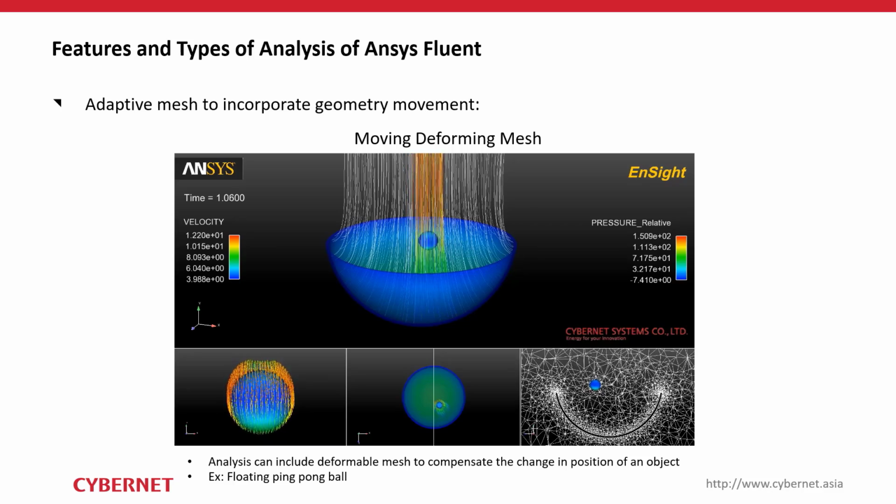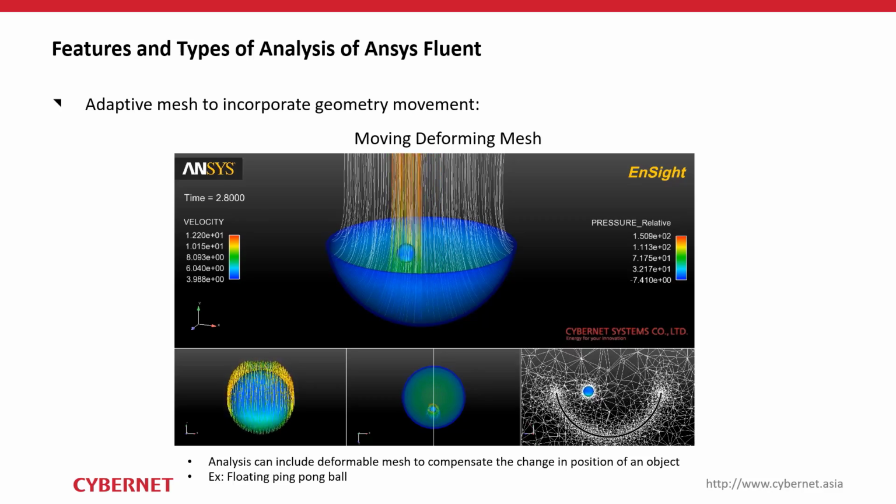Next, we have the adaptive mesh capabilities of Ansys. We also call it MDM, or moving deforming mesh. Moving deforming mesh allows you to compensate for the change in position of an object within this particular fluid domain. As you can see in this example here, we have a moving ping pong ball.